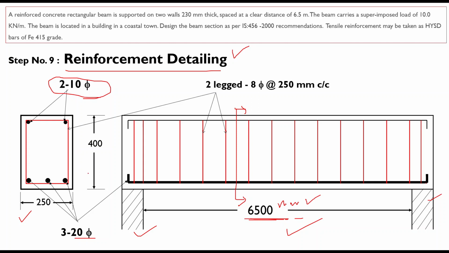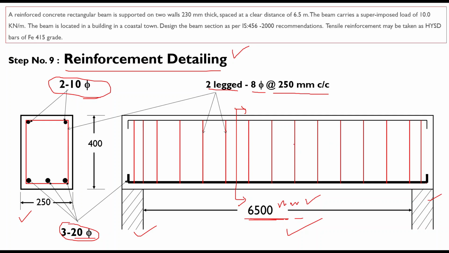Here we are showing three number of 20 dia bars. These are the main reinforcement, also known as tensile reinforcement. And this red color ring is a shear stirrup. We have provided two-legged 8 dia stirrups at 250 center to center throughout the beam.